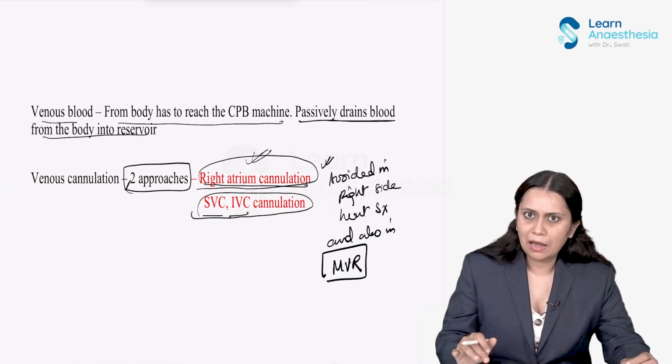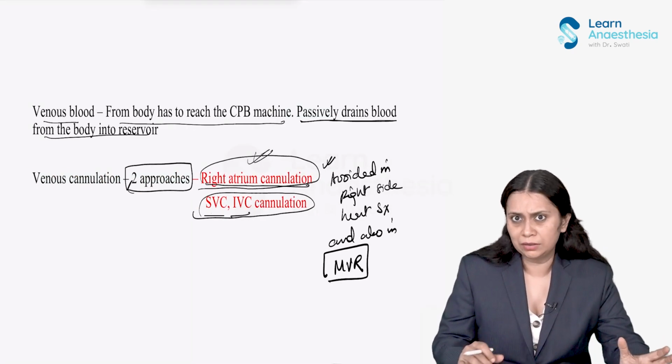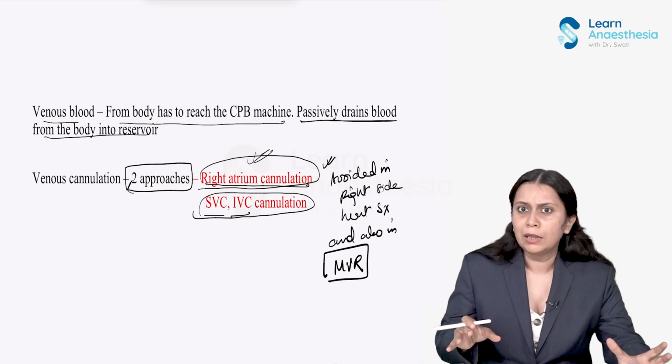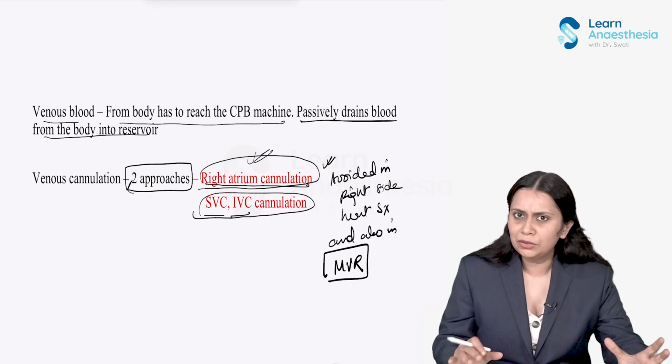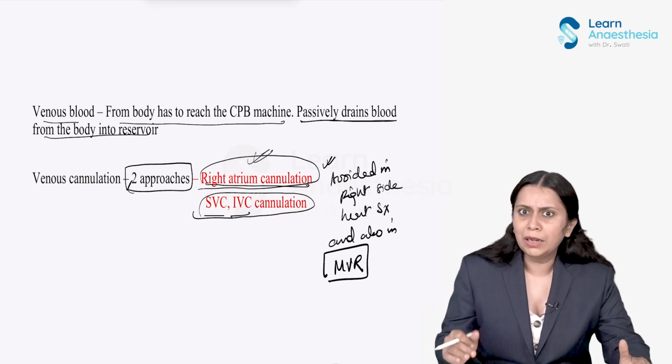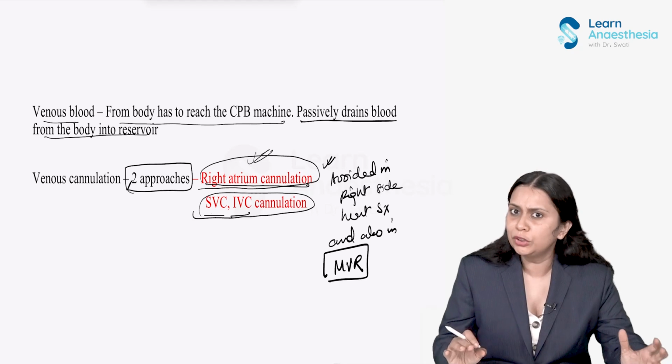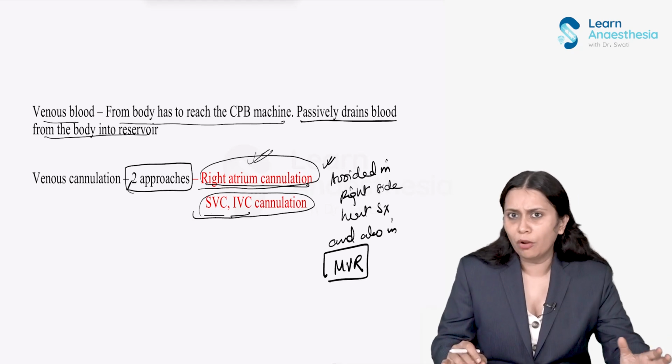Now there are a lot of suckers apart from these two cannulas, connected to tubings. There are suckers which collect the blood. During the surgery, a lot of blood is there in the surgical field which would obscure the view of the surgeon, and that blood could get lost also.